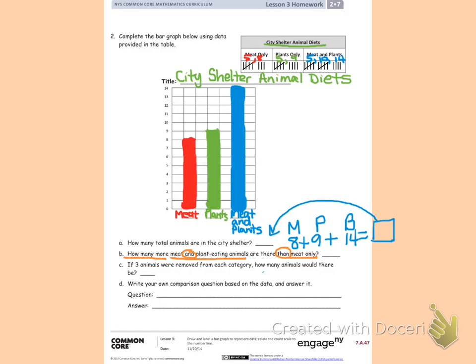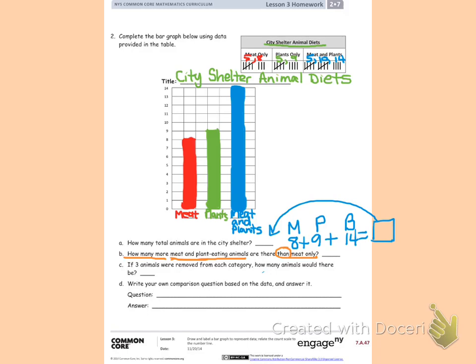I believe when they're asking for meat and plant-eating animals, they're asking for the last category. Since they're asking for the last category, I think I'll go ahead and erase the circle around the word "and," because meat and plant-eating animals is one category.